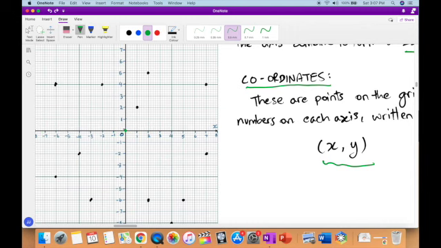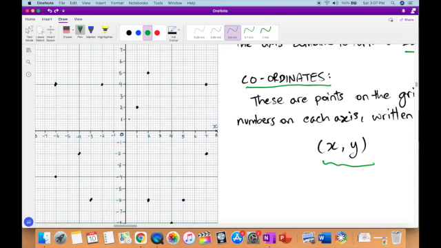And then from the 0 you can see that I have the y value positive going up and the y value negative going down. So you can imagine that positive y points would be up and negative y would be down, right? So remember, we write the x value first.